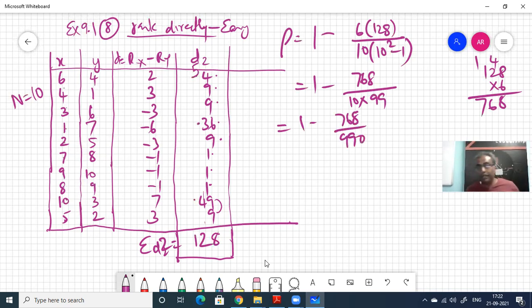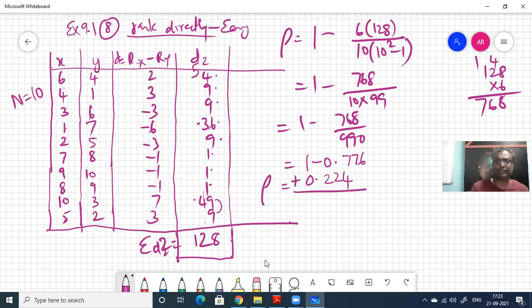Calculate 768 by 990. How much? Correct, it is 0.224.